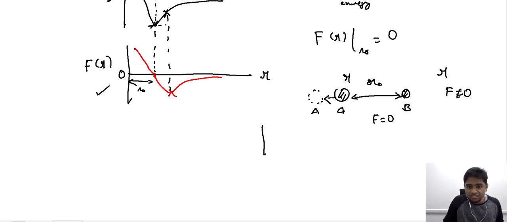Now when we consider the stress strain curve, or let's say the load elongation curve, what we are essentially considering is the force and the change in the position of the atom.